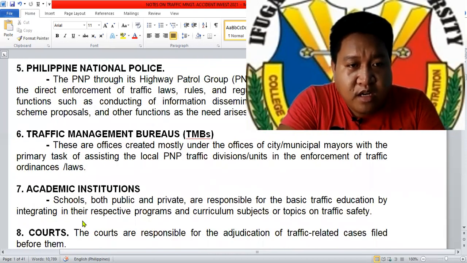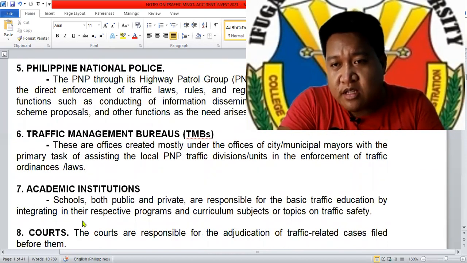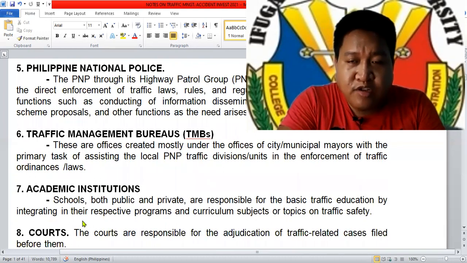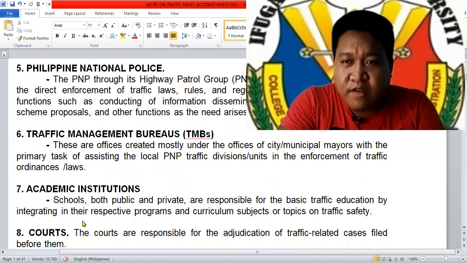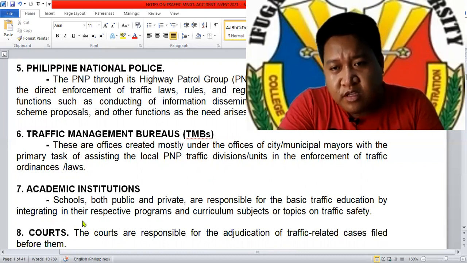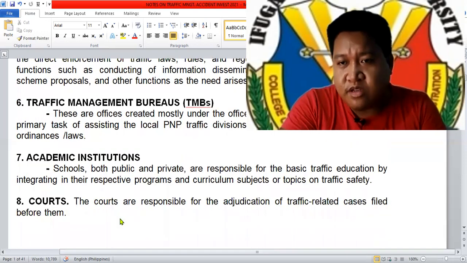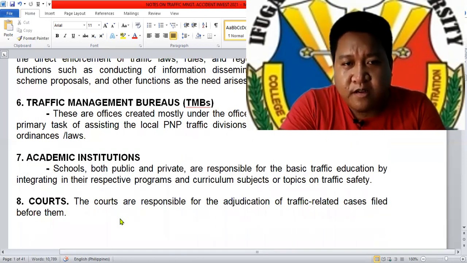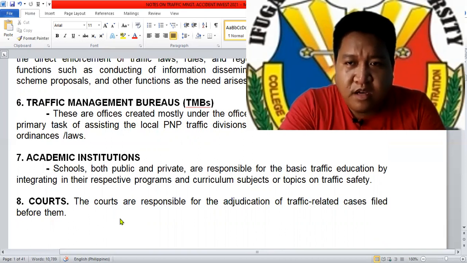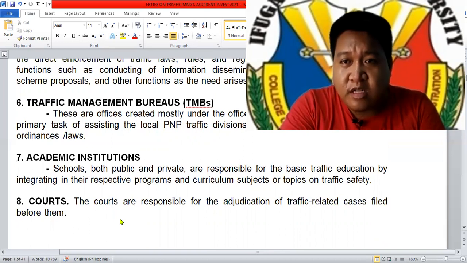Then for us, the academic institution, sa atin sa university, we are teaching traffic management. That is our part, especially criminology students, academic institutions, universities, and even in the high school level, they can also teach that.